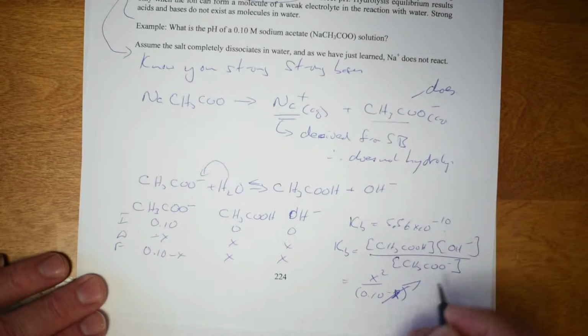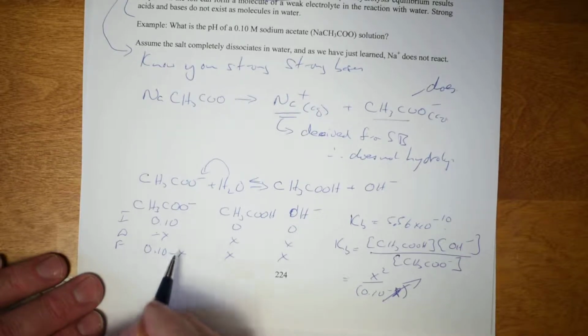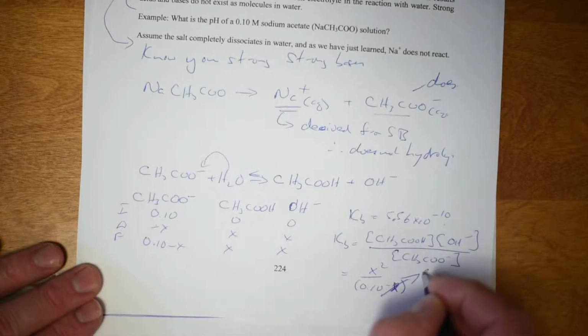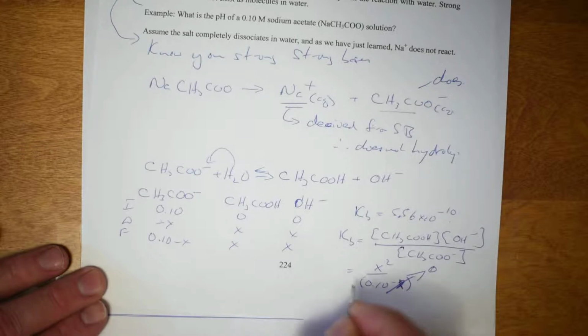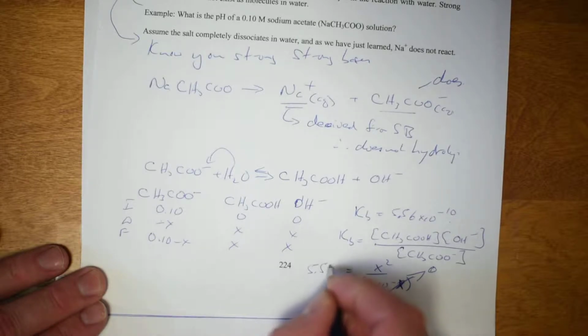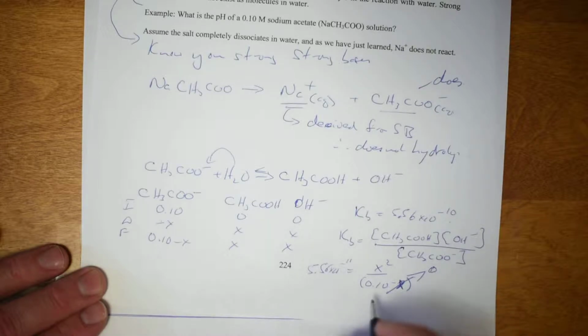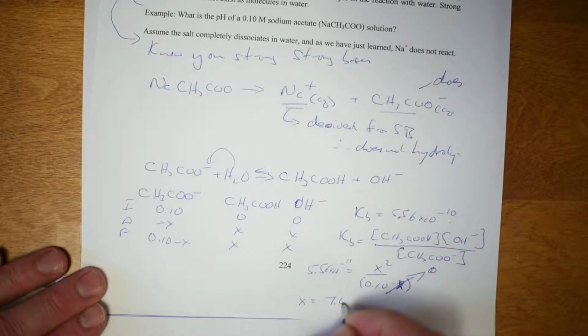And the x is so small, if we look at x and the value of our Kb, the value is so small that it really approaches 0. So I can solve for x. 5.56 times 10 to the minus 10 equals x squared over 0.1. X turns out to be 7.45 times 10 to the minus 6.